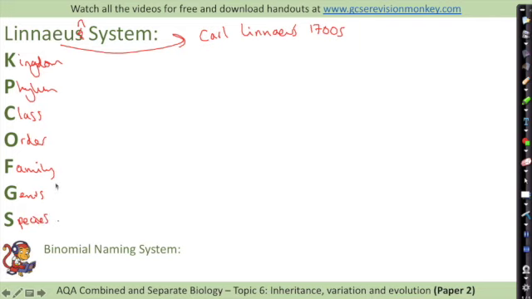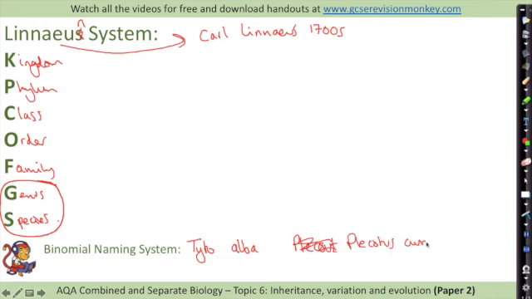And this leads to a binomial naming system whereby every single organism on the planet can be named by two words. For example, the barn owl is called Tyto alba, and the brown long-eared bat, for example, is called Plecotus auritus.